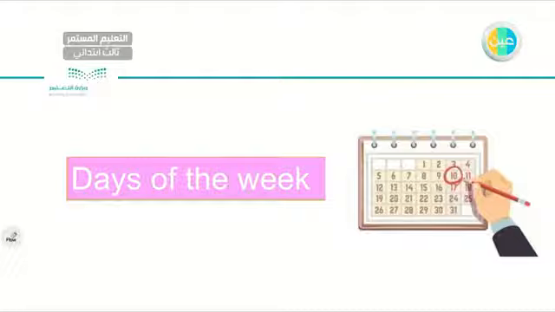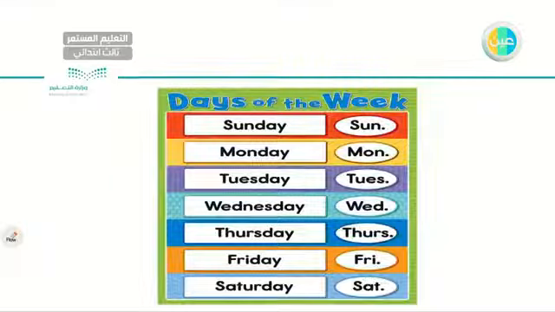So, let's try to remember the days of the week again, because we might need them today. Let's start by saying them one day at a time. Bismillah. Sunday, Monday, Tuesday, Wednesday, Thursday, Friday, and Saturday.